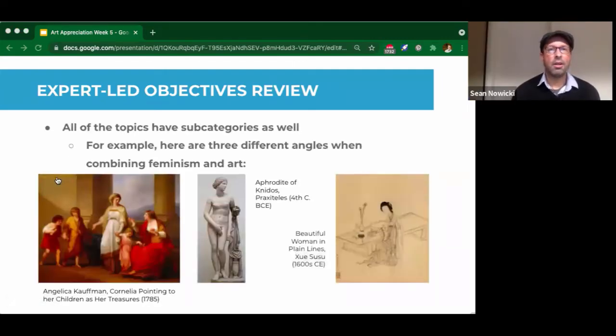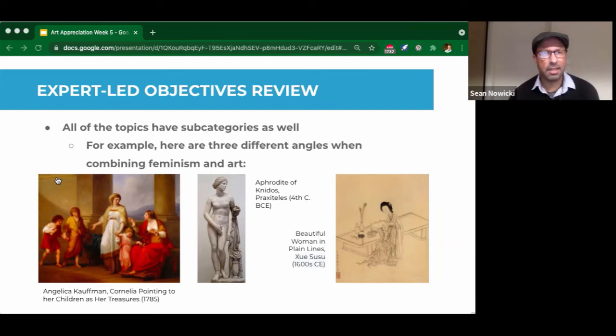Okay, so let's say you want to look at feminism and art. All three of these things have a different angle when you're looking at feminism and art.